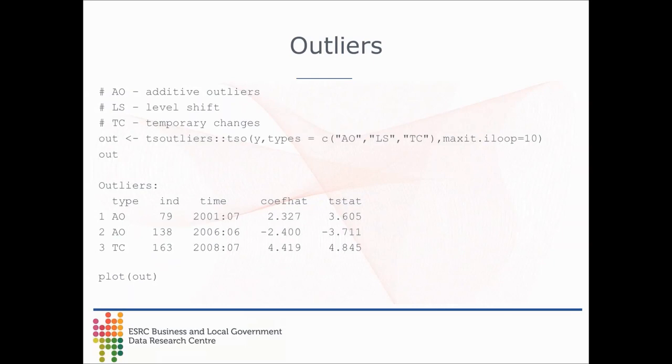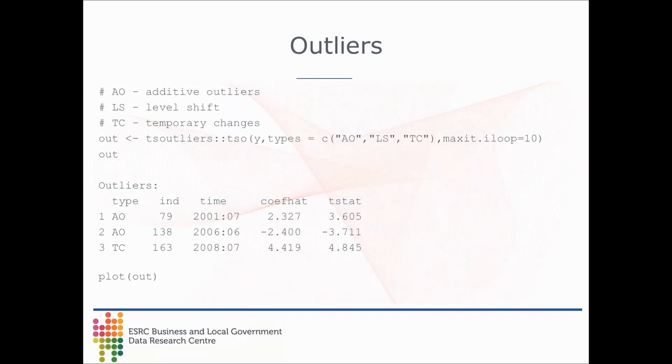What we're doing here now is trying to identify the outliers within that data set, and we're using additive outliers, level shift, and temporary changes.